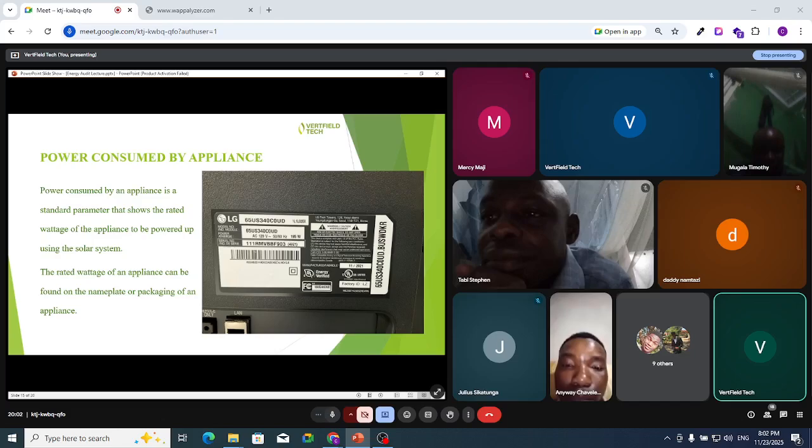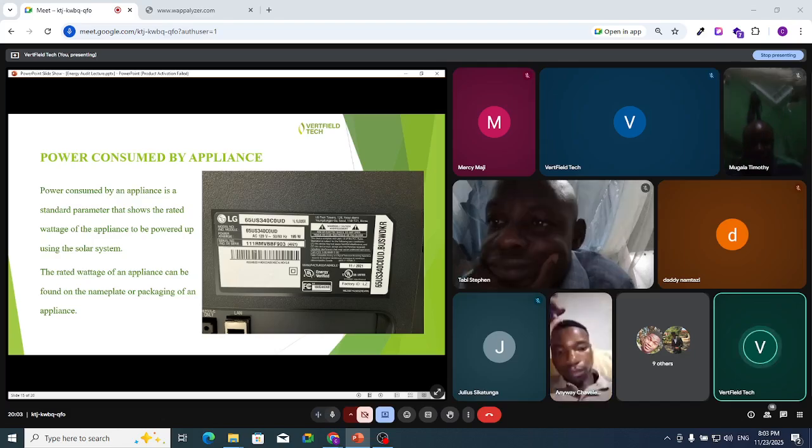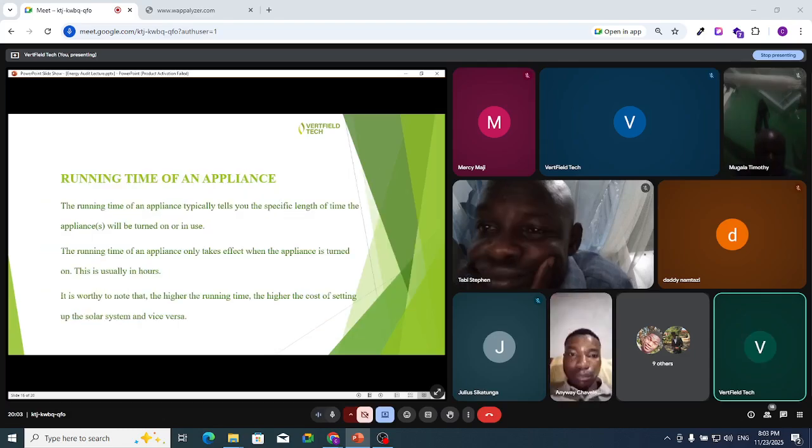Alright, running time of an appliance. The running time of an appliance tells you how long this appliance will be in use. It only takes effect when the appliance is turned on or in use.